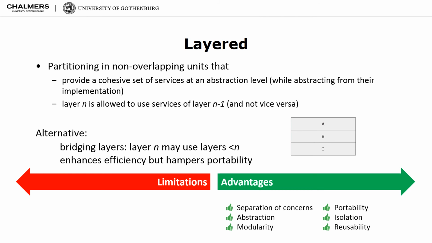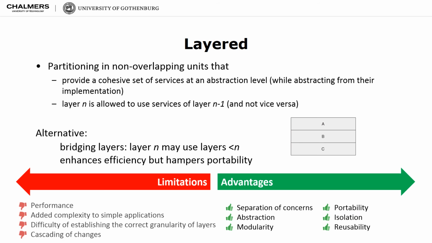However, there are a number of limitations associated with the layered style. Of course, none of the benefits comes for free. Someone must design and build the layers, which can often add upfront cost and complexity to the system.